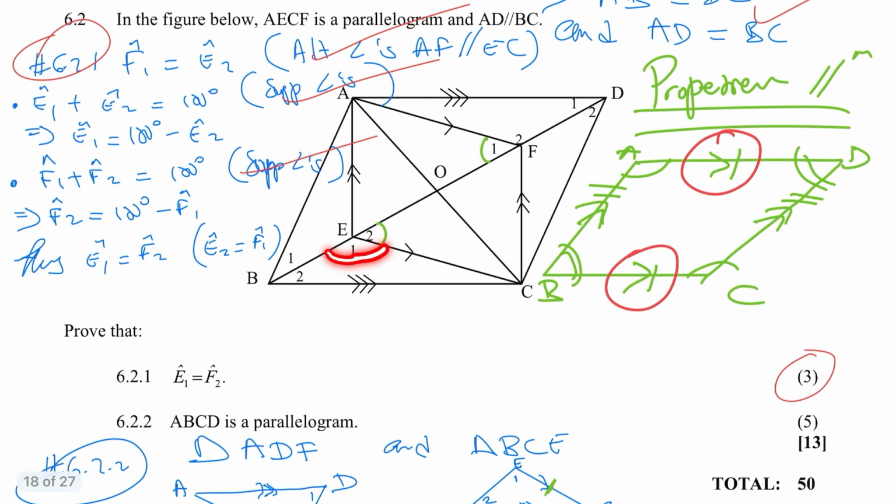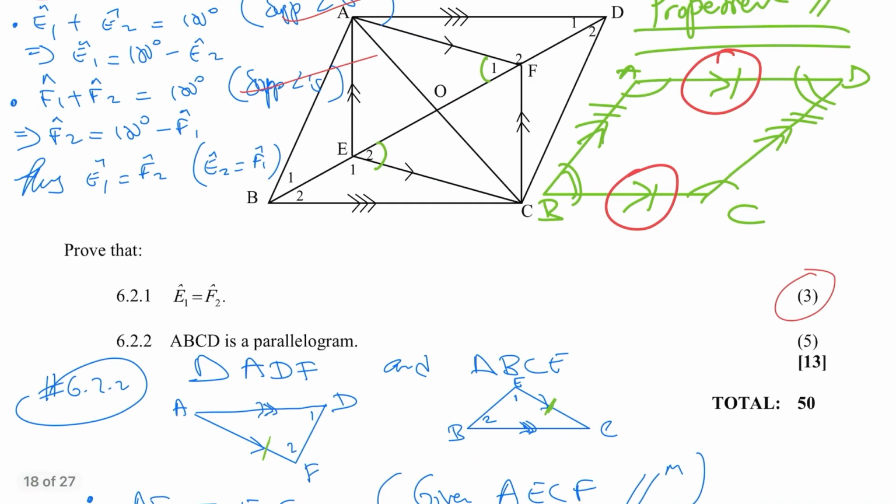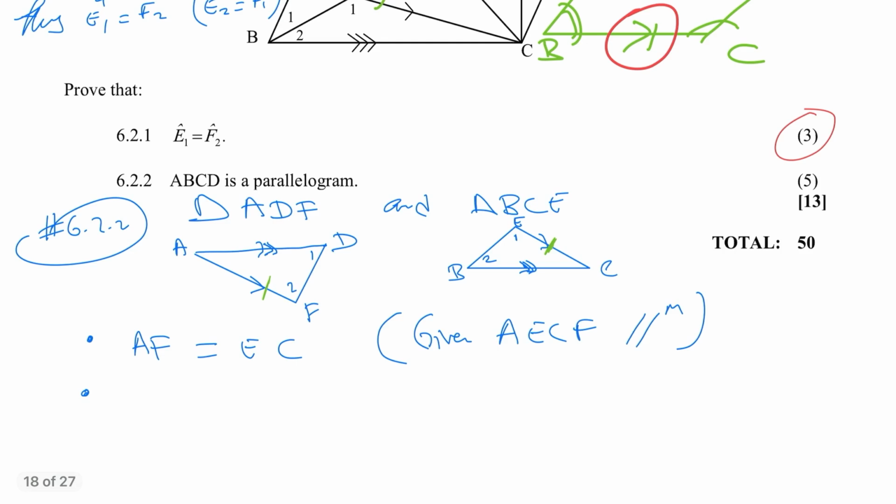This angle here is equal to this angle here. Angle E1 is equal to F2. Sorry, F2, not F1. They're equal. This is proven, so you can just write that down: angle E1 is equal to angle F2. Or you can say given, because it is indeed given here.